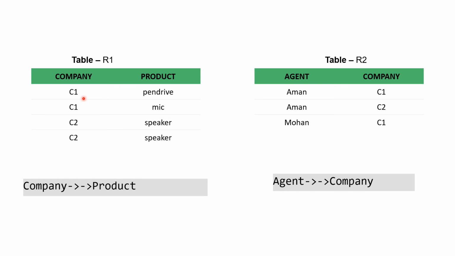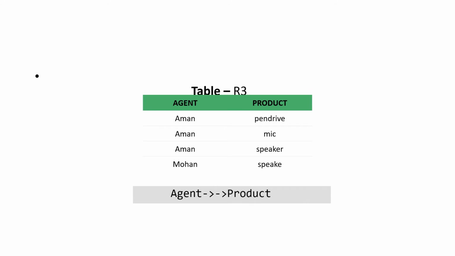This way we are saying that the company multi-determines the product. Then we have another table R3, with agents and products. Here agent multi-determines product, because the same agent is determining pen drive, mic, then speaker.